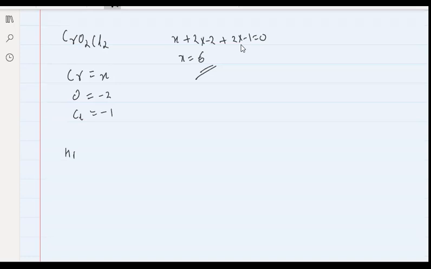Okay. Now, what about this compound? HN3. Find the oxidation number of nitrogen in HN3, obviously. Tell me, everyone.